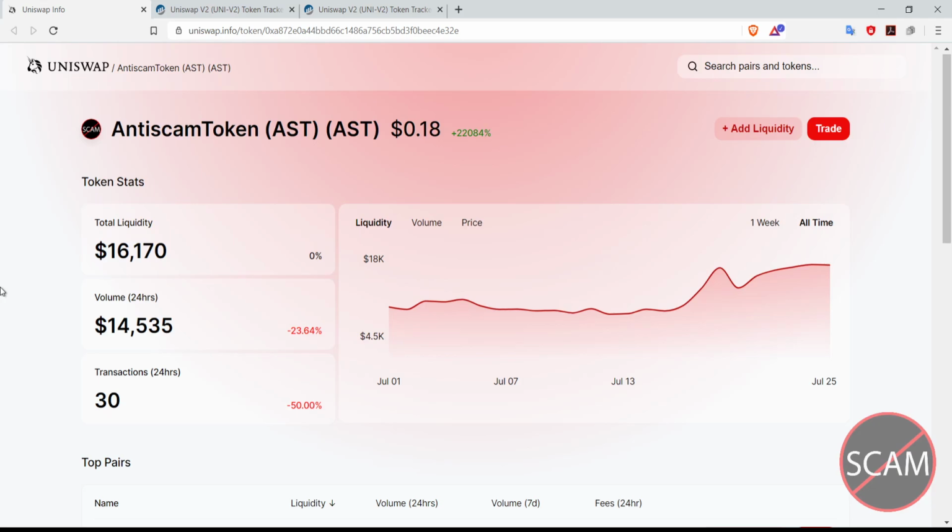So yeah, you really don't just take it at face value that the liquidity is locked. Check for yourself. Look at the contract. Take a look at how much of a percentage of the supply is locked up in that contract.